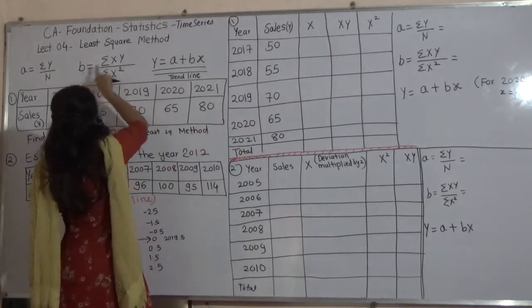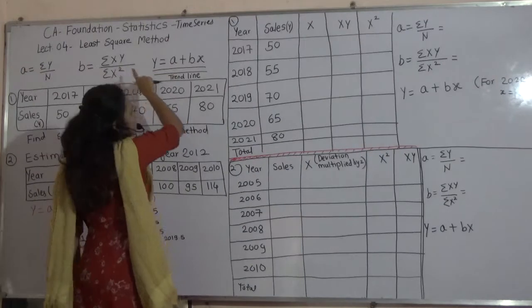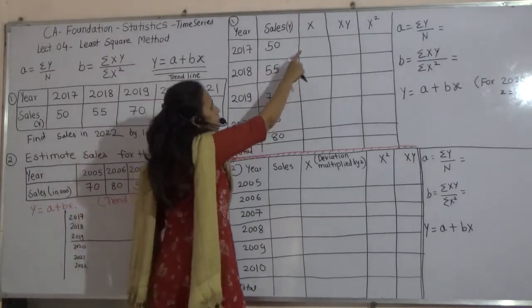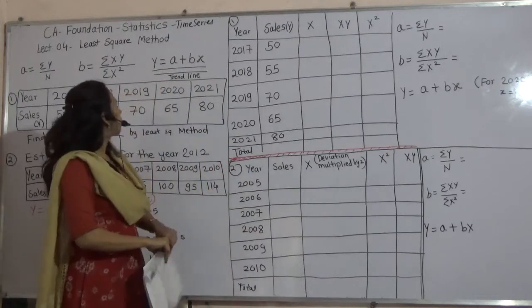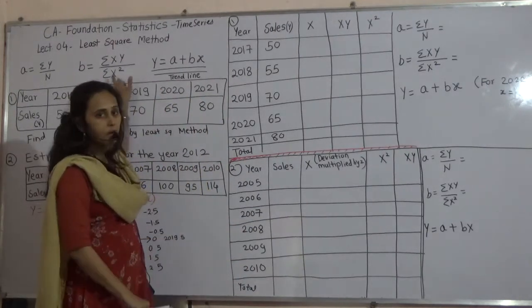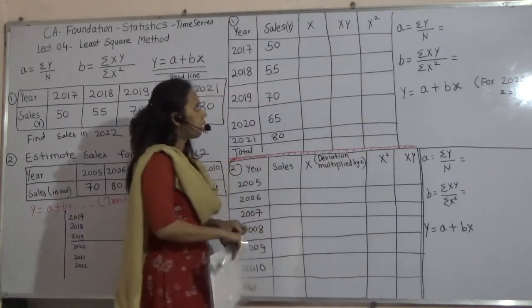Then we have to take summation x, summation xy, where xy means x into y. Then we have to find x square, which we can find from x.